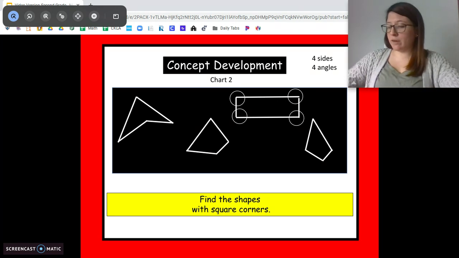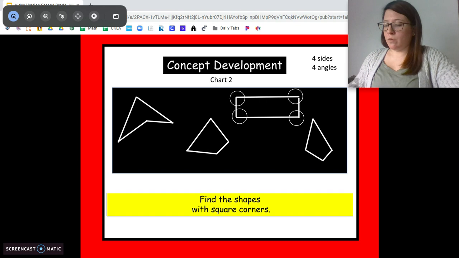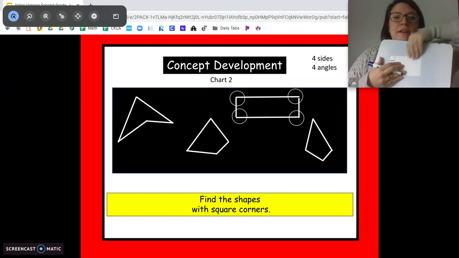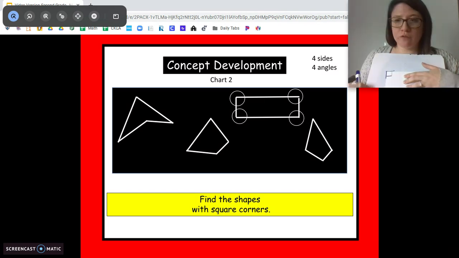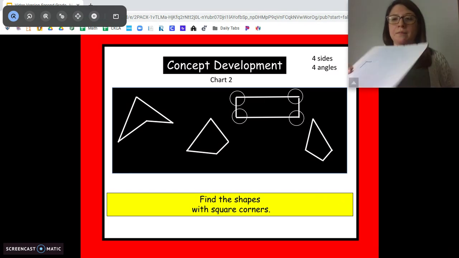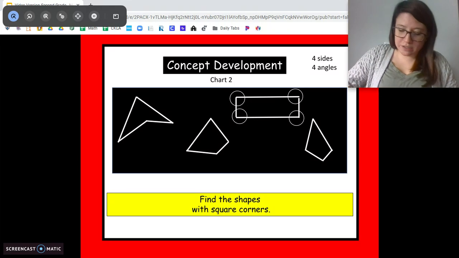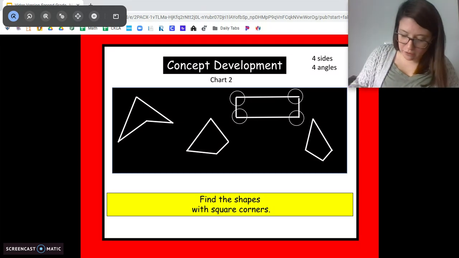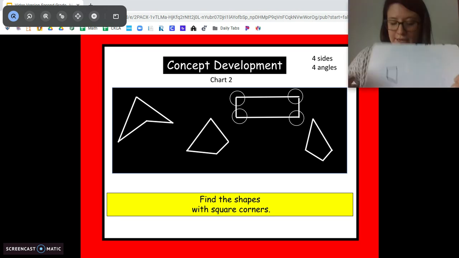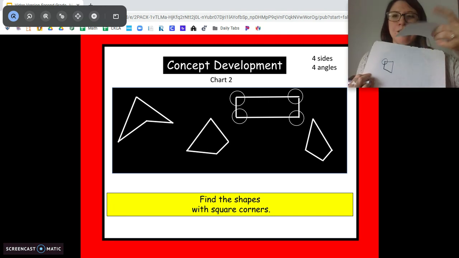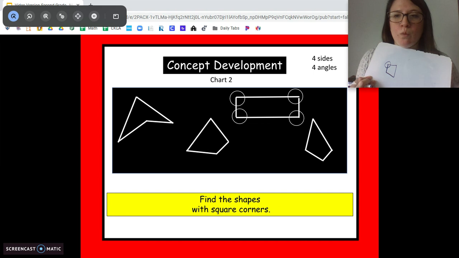On your paper, take your index card and outline it to help you draw a square side. They just said 1 square side, so it doesn't matter if the rest of our sides are square sides, but I want to make sure we have 1 square side on the shape that we're drawing.